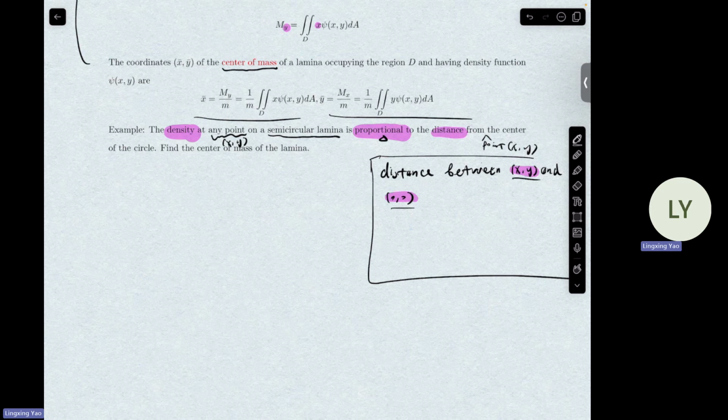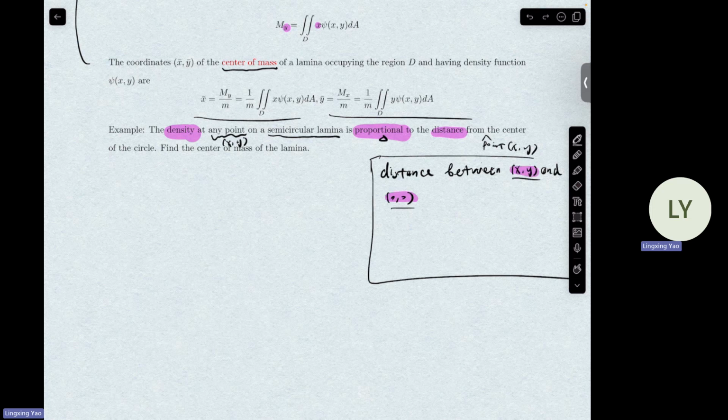It just says you have this lamina, and at any point on it the density is proportional to the distance to the center of the circle. The center of the circle is a geometric quantity, fixed for the particular semicircular lamina. But to facilitate the calculation and our discussion, we do introduce a coordinate system.